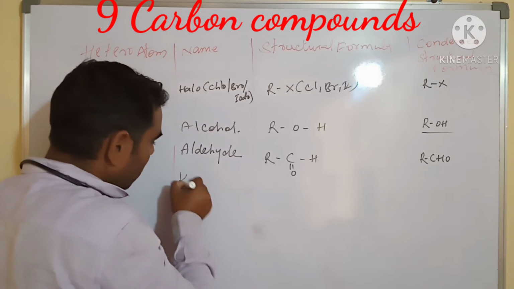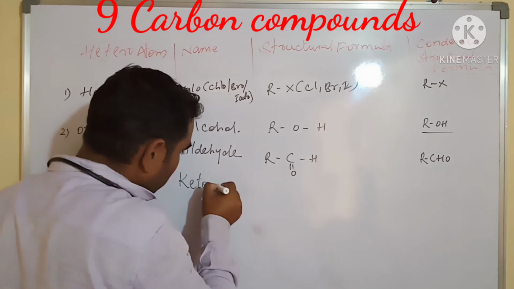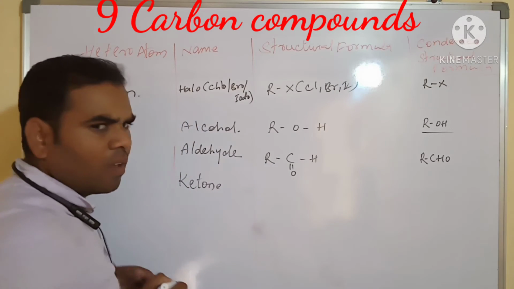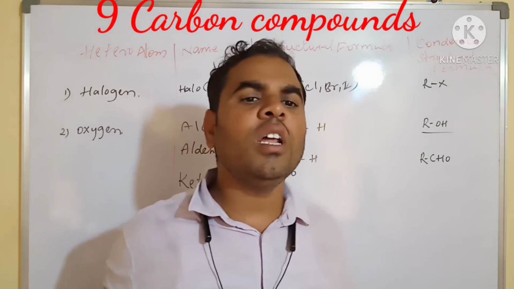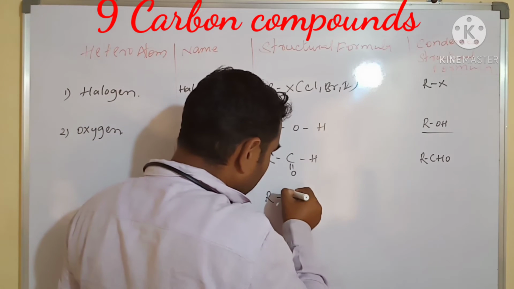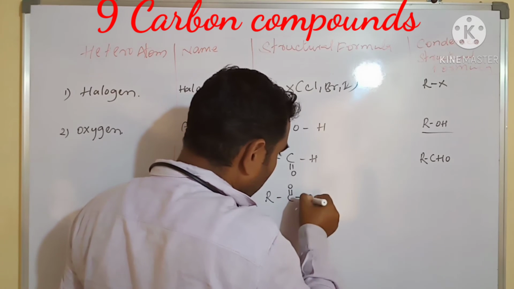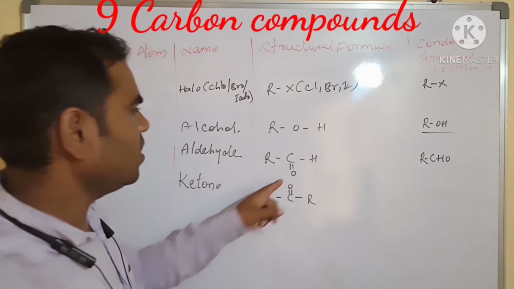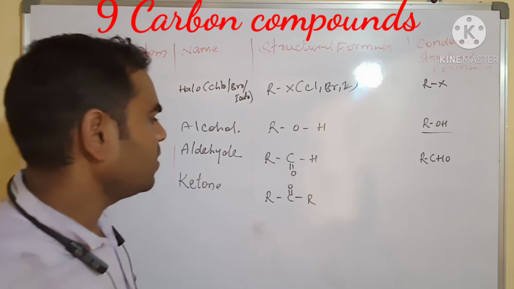Next, ketones. What is a ketone? We write R C double bond O R. You can write it this way also, no problem.